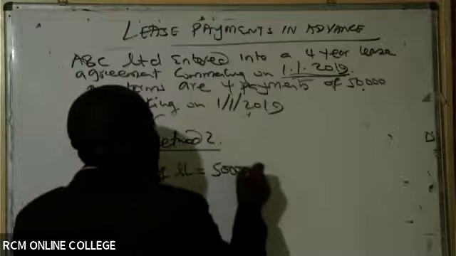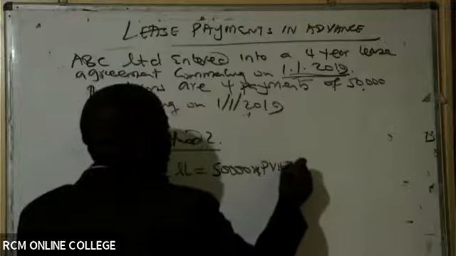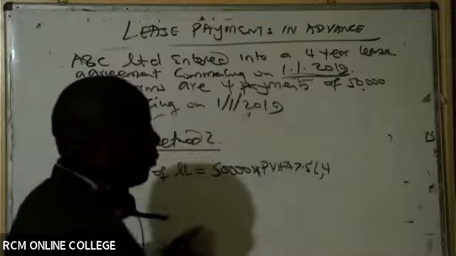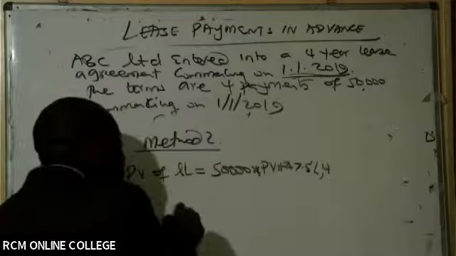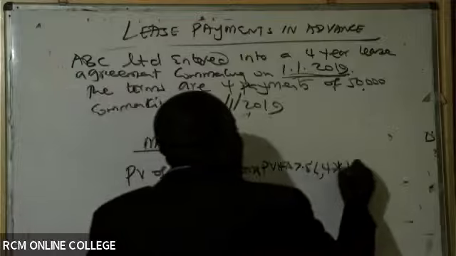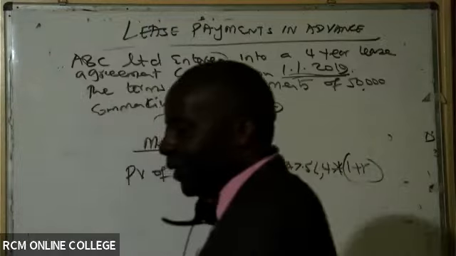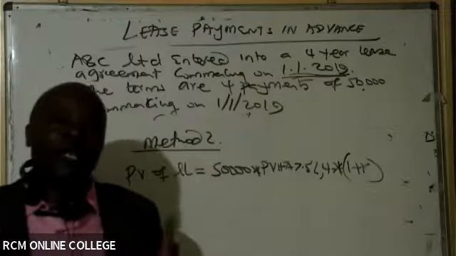Come and take 50,000 times PV FAR, 7.5%. Work with 4 years normally. But now because it's advance payment, come and introduce this concept of 1 plus R. Multiply by 1 plus R. That will give you the same answer.